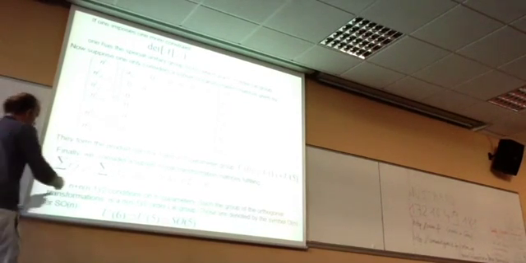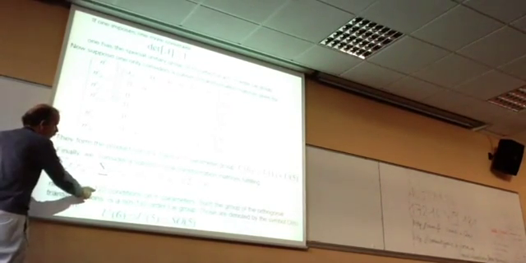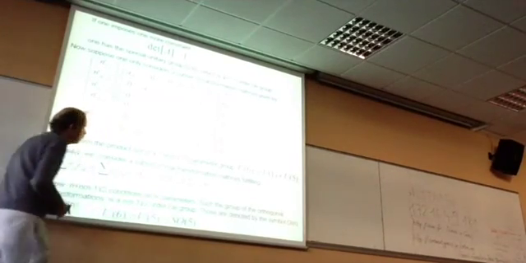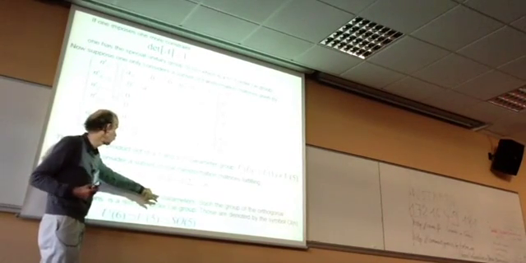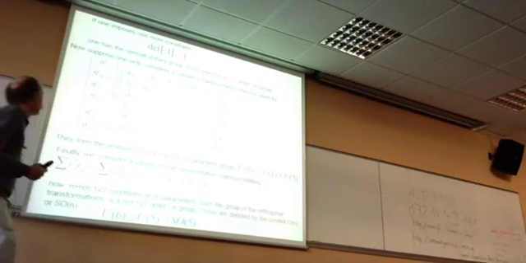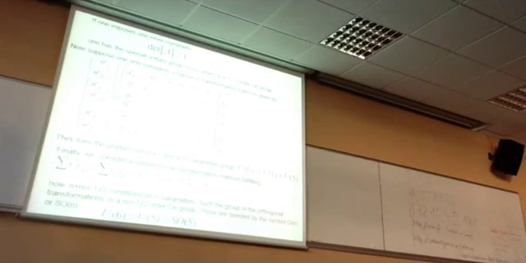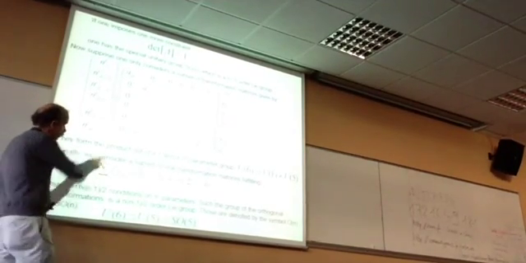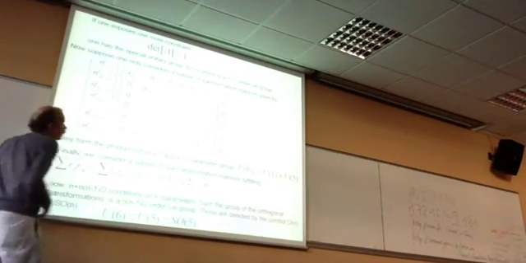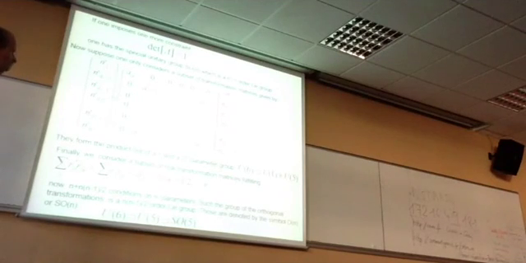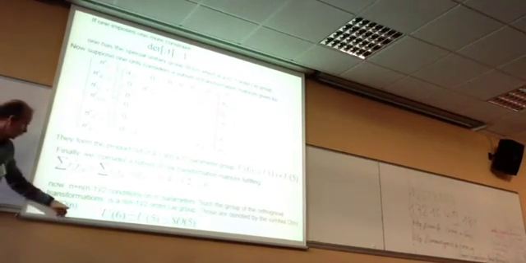And now we have a different number of conditions on our parameters, which are not anymore 2n squared, because the numbers have to be real. There are only n squared parameters. And if you do the very simple calculation, you find out that these matrices which have this condition form an n times n minus 1 divided by 2 order Lie group. And those are denoted by the symbol O(n) or SO(n).